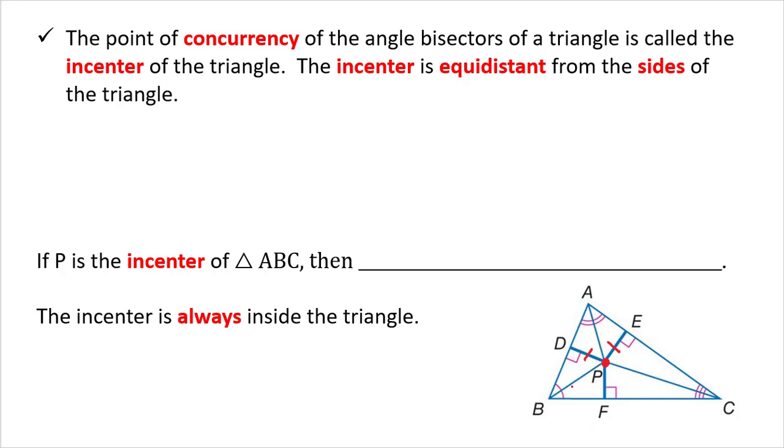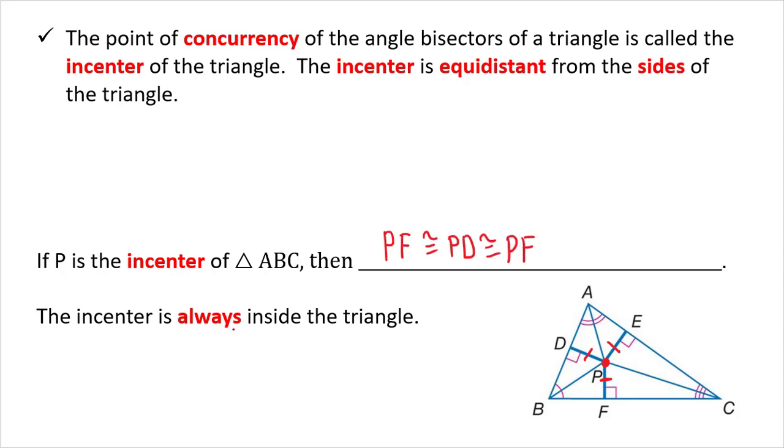If P is on the angle bisector DBF, then PD and PF are going to be congruent. So we know that PE is congruent to PD is congruent to PF.